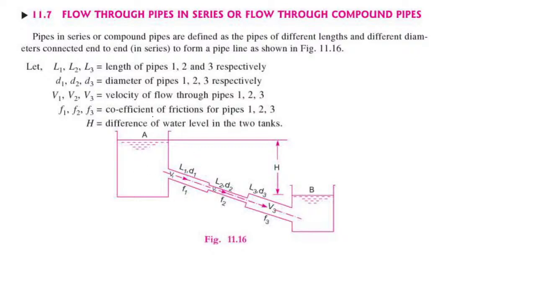So these are tank A and tank B, and we have three pipes: pipe 1, pipe 2, and pipe 3. Fine. Now, this is a given problem from your exam point of view, right?